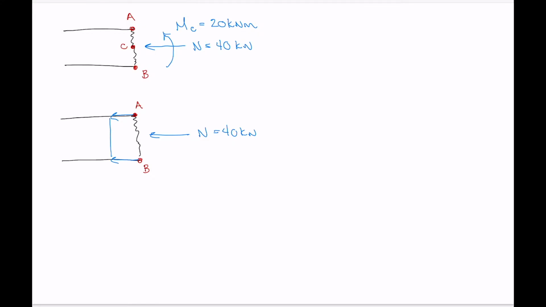And at every point in between those, we've got a normal compressive stress, sigma equals N over A. And I'm just going to write that as sigma subscript N to denote it as a normal stress caused by the internal normal force N. So what I've drawn there is the stress profile over the cross section due to the internal normal force N. So now let's look at the stress profile caused by the internal moment MC.